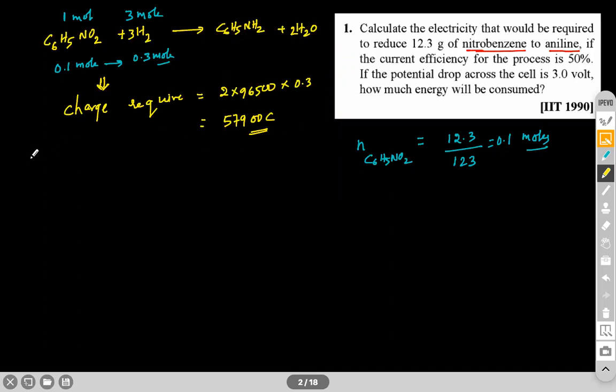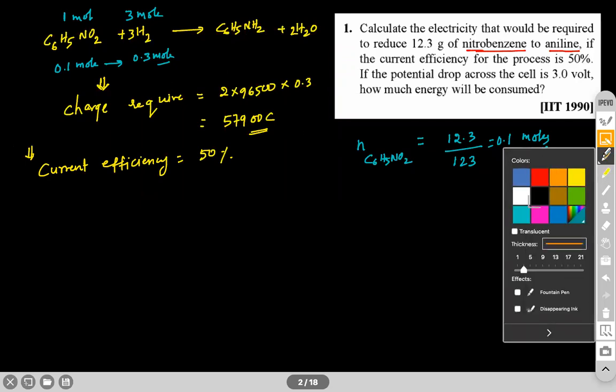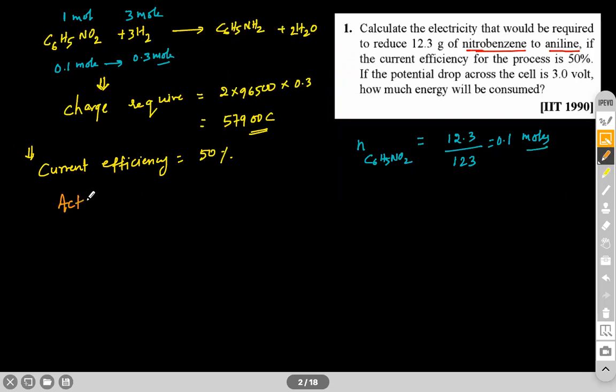So since the current efficiency is 50%, the actual value of charge will be twice this, 2 into 57900 coulomb, which is around 115800 coulomb. If this charge passes through, then this reaction is possible. Okay, 0.3 mole of hydrogen is consumed.